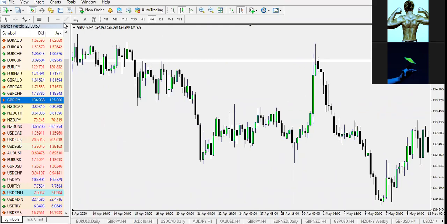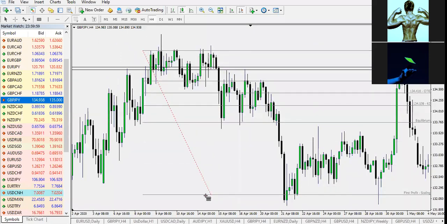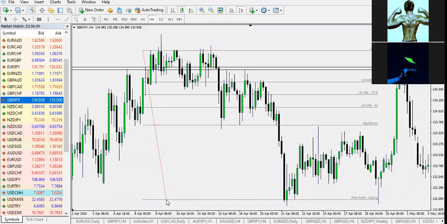It's the same if we are looking for a setup over here. Often times you pull a fib and you see price wicking through the 79%, and price still closes below the 79%. That's fine.